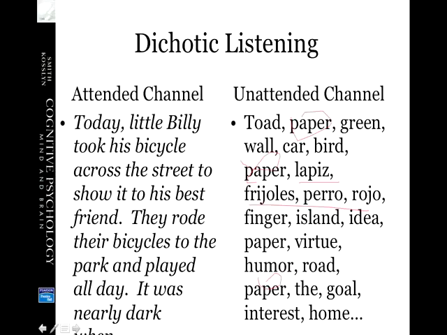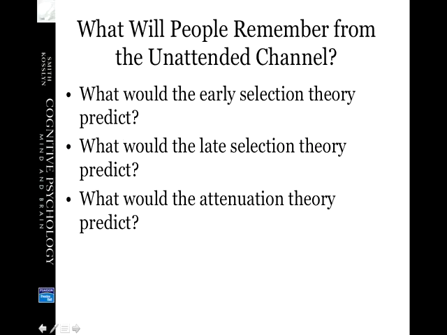Okay, so let's think about this. An early selection theory would argue that you would only get the physical characteristics of the unattended ear. So pitch, tone, but you wouldn't get any of the semantic characteristics. So you wouldn't notice that the word paper repeats, or that it changes language.